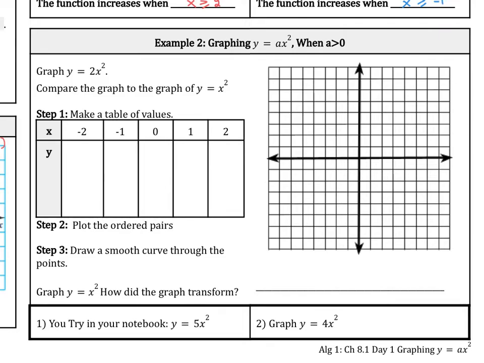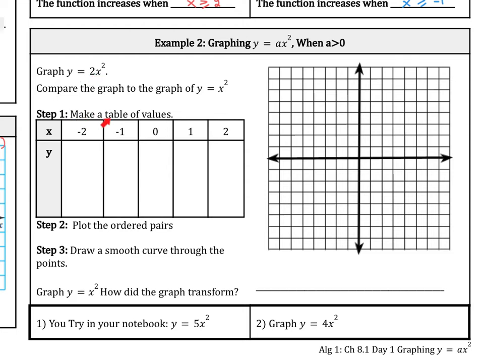Now we're going to do example number 2, graphing ax squared when a is greater than 0. Unlike previous examples, the graph is not given to us. We have to find the graph by plugging the values for x into y and graphing the coordinates on the graph paper. So now we're going to graph y equals 2x squared.